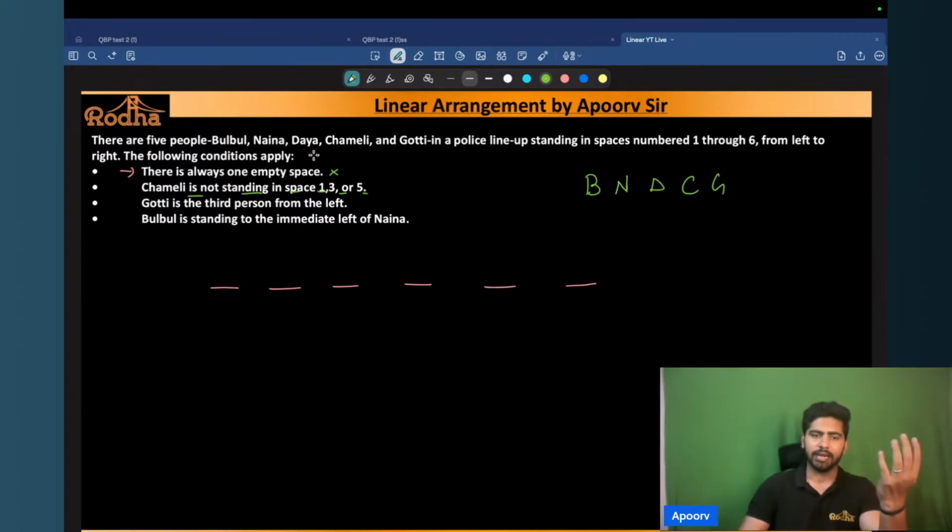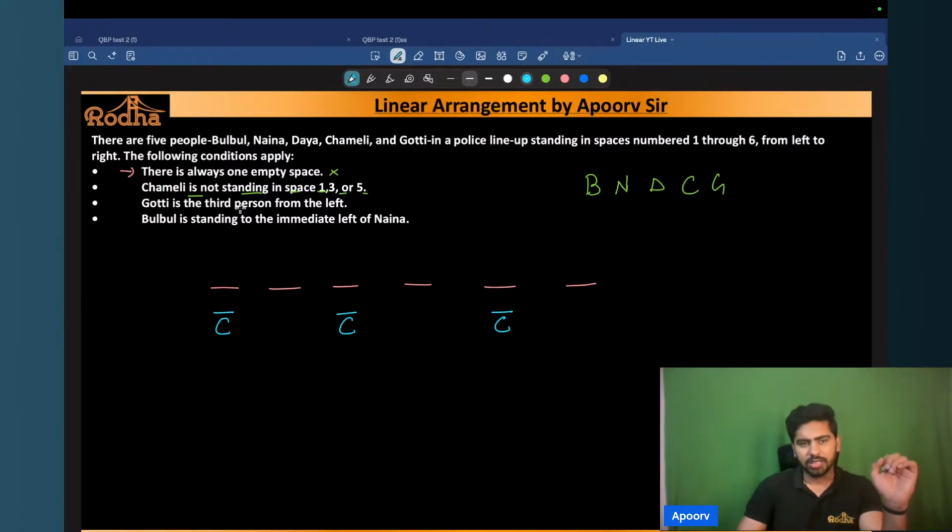Whatever statements you read, make sure you represent them symbolically in your diagrams. So when I read that Chameli is not standing in space 1, 3, or 5, in space number 1 I'll put a C bar. The bar represents that Chameli cannot stand here. In space number 3 also it is not possible, and in space number 5 also. So this is one piece of information that I have.